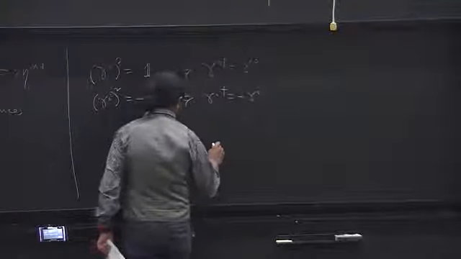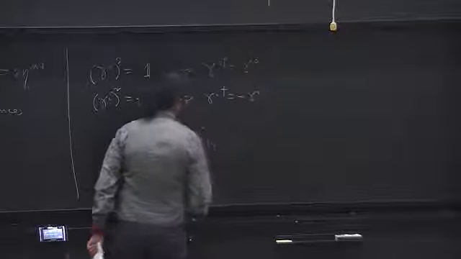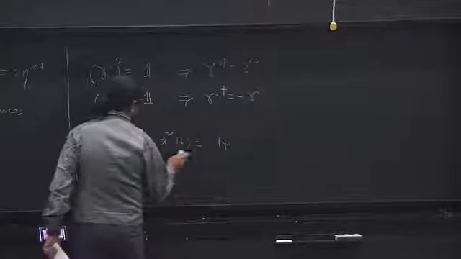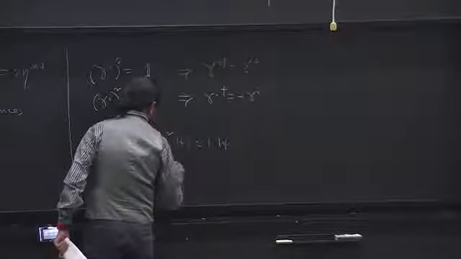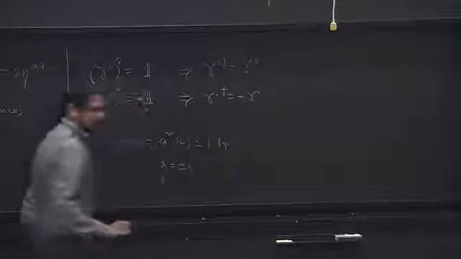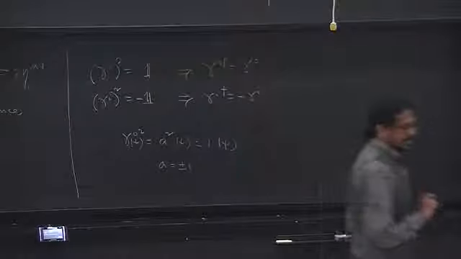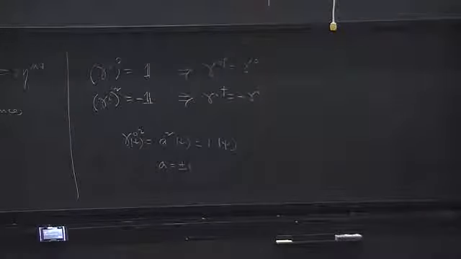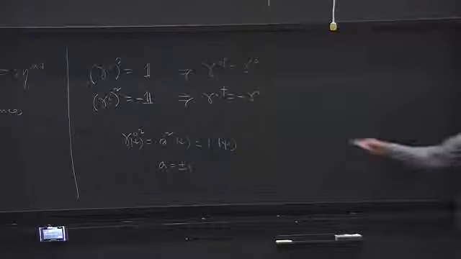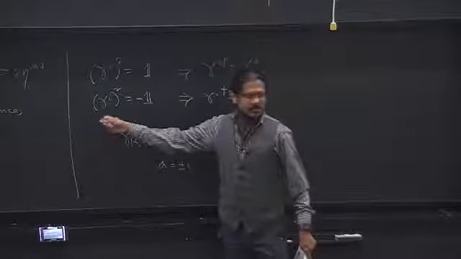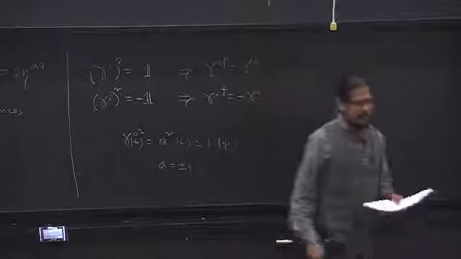And this is basically telling me that A squared is plus minus 1. So that means my eigenvalues are real. And if my eigenvalues are real, then the matrix has to be Hermitian. And same with, because the eigenvalue squares to minus 1, so the matrix has to be anti-Hermitian.